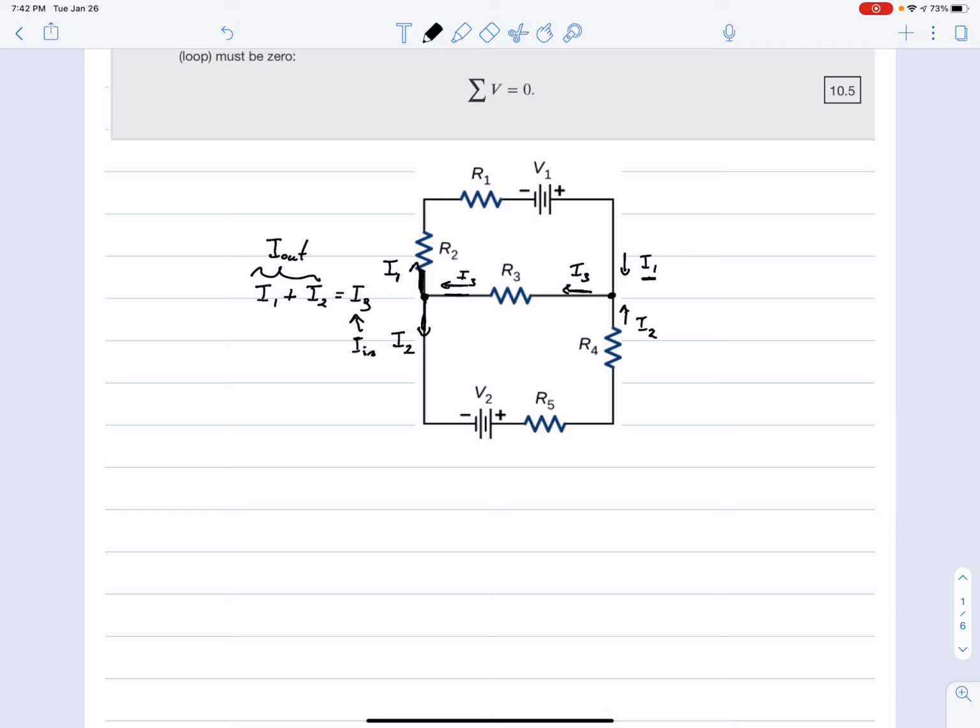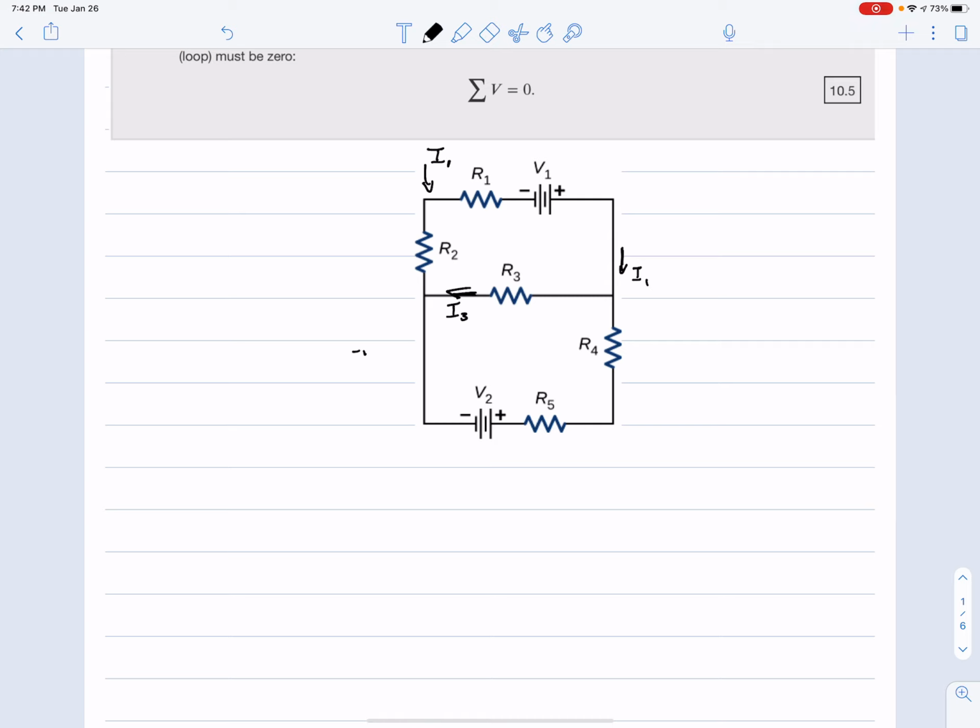We were having issues with identifying where the current is. If this is current I1 and this is current I3, what's the current here in this spot? It would still be I1, because it hit that junction right here, and it's back to the current split, I1 and I2.